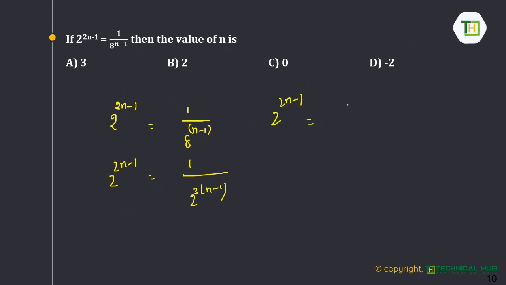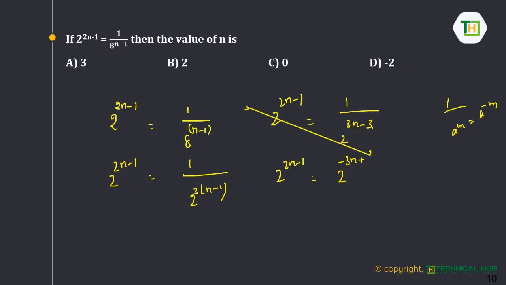So 2n minus 1 is equal to 1 by, so 3n minus 3. So 1 by a to the power of m is equal to a power minus m. So 2n minus 1 is equal to 2 power minus 3n plus 3.